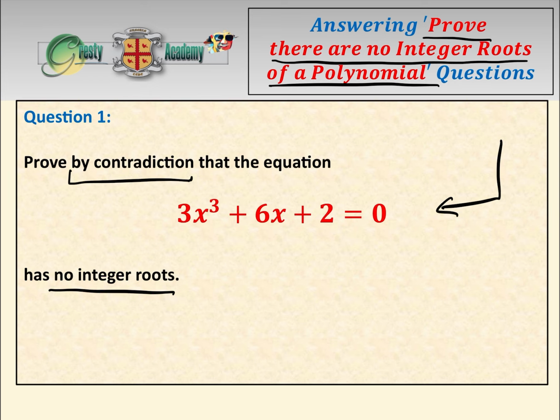So basically, as we're proving by contradiction, and we've already done a video on proof by contradiction, the link is in the description to this video if you want to have a look at that. Anyway, there are 3 steps.